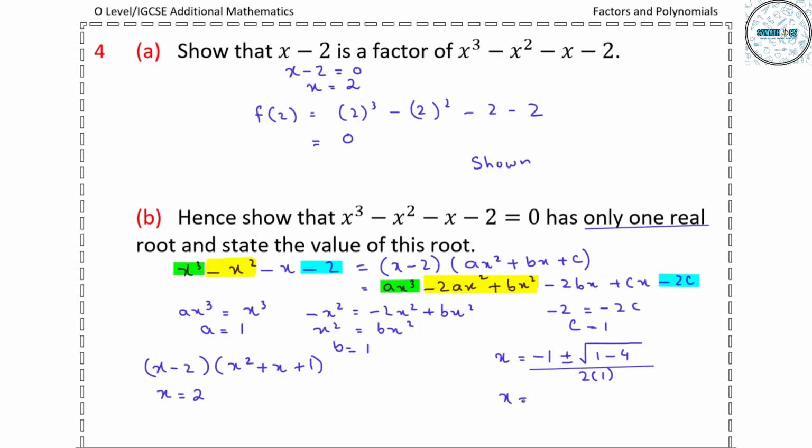So we have here minus 1 plus minus under root minus 3 divided by 2, which is not possible.